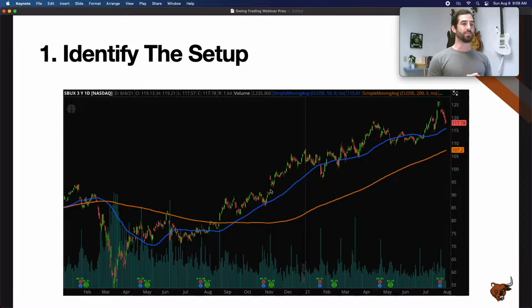Before I go into identifying the setup, let me quickly break down what we're looking at in the chart, because it's the same chart that we're going to be looking at across the entire presentation. Over here, I'm looking at the daily candle chart. This is the 3-year 1 day.